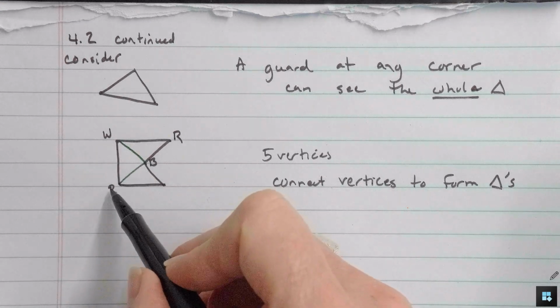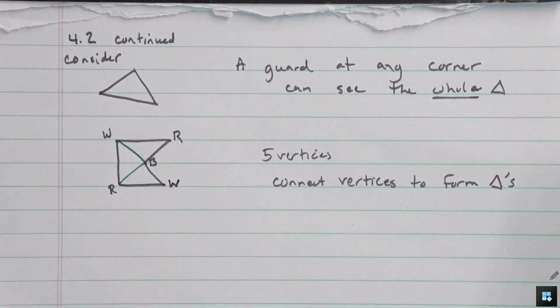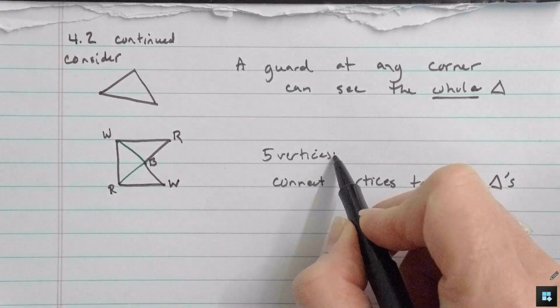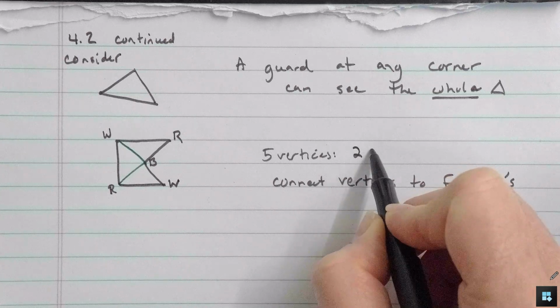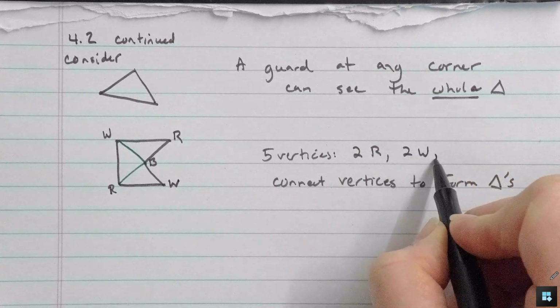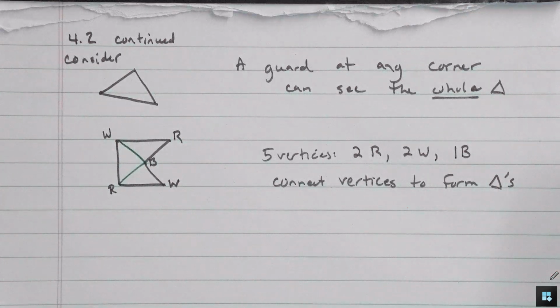Now I have red and blue, and that means this one has to be white. So I've now colored all the vertices. I have 2 red, 2 are white, but 1 is blue. So where the 1 is blue, that's where I want to put the camera.